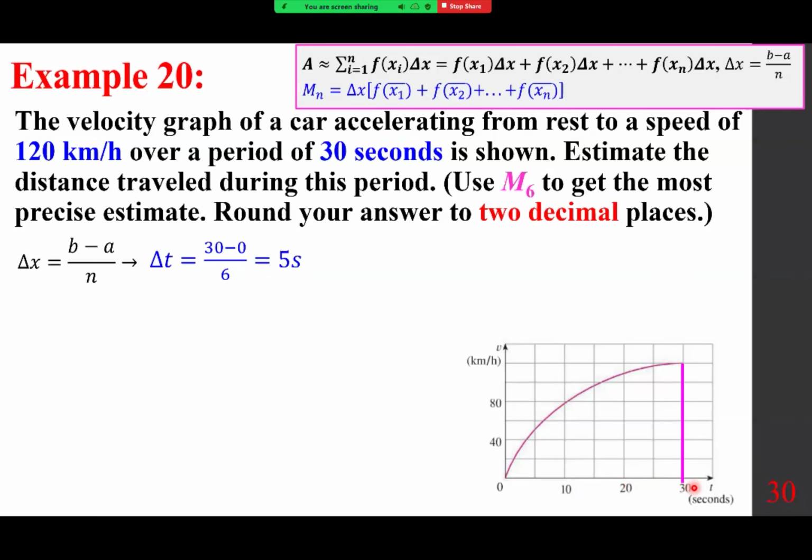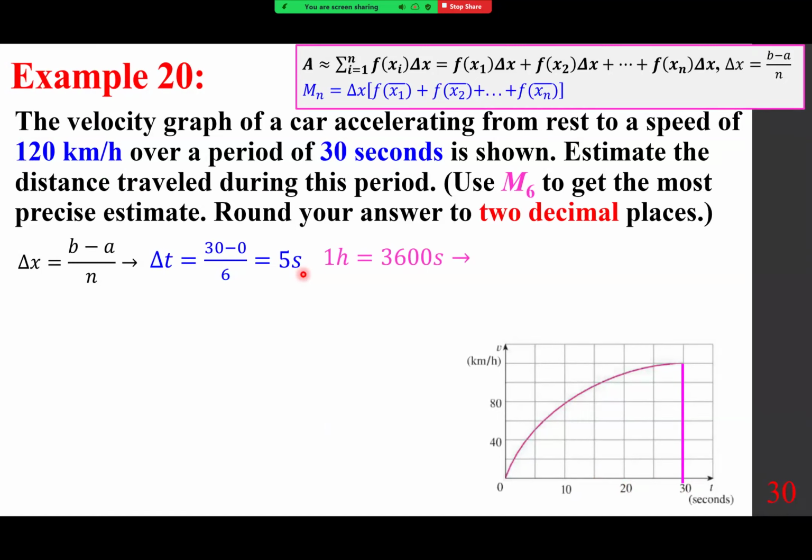We also have to pay attention to the units. This is kilometers per hour, but this is in seconds. So we have to convert accordingly. Because this is kilometers per hour, we're going to work with hours. As you know, 1 hour is 60 minutes. A minute is 60 seconds. So 1 hour is 3,600 seconds. We should know that. So delta t, which is 5 seconds, we need to know how many hours it is.